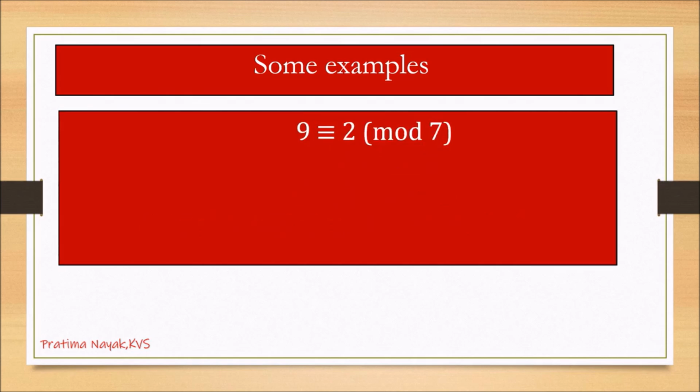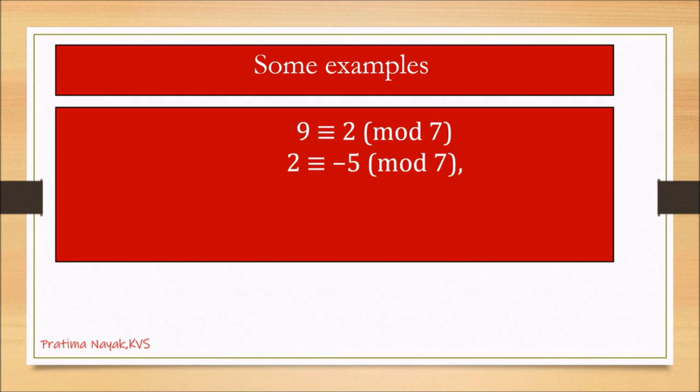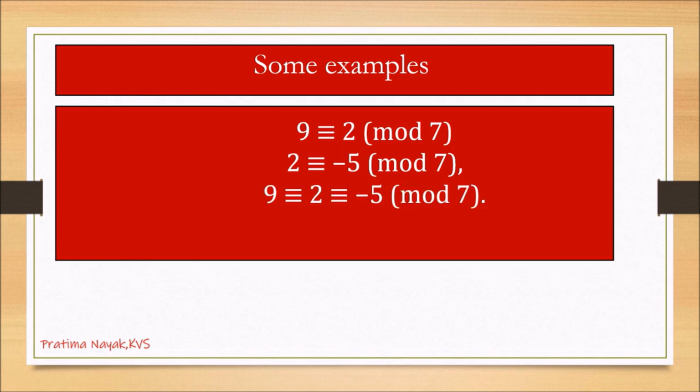Another example, 9 is congruent to 2 modulo 7, and 2 is congruent to negative 5 modulo 7. That means if I divide 2 by 7, taking 1 times 7, the remainder will be negative 5. So 9 and 2 are congruent to negative 5 modulo 7.